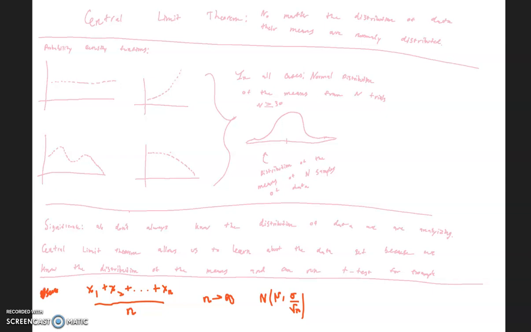So over here I have 4 different probability density functions, and the central limit theorem applies for all of them. Imagine we have in one trial just 20 different data points, and we find the average, and it happens to be around here. And then the next trial we have some more data points, and the average is around here, then maybe here, here, here, and there.